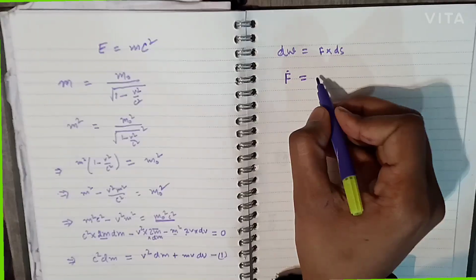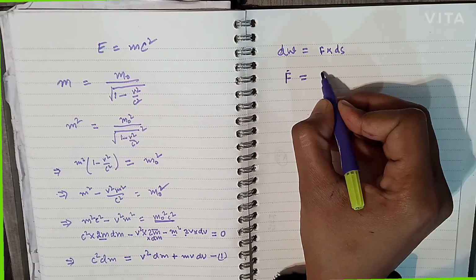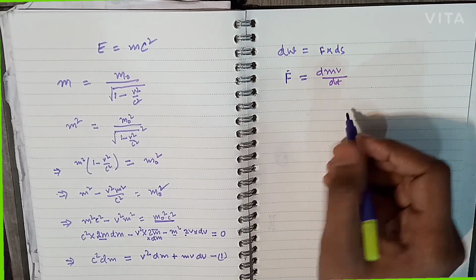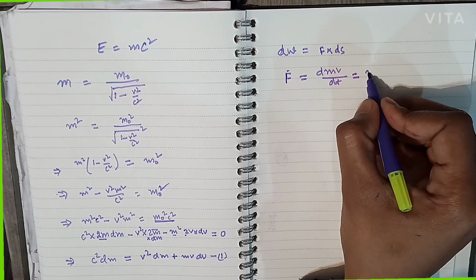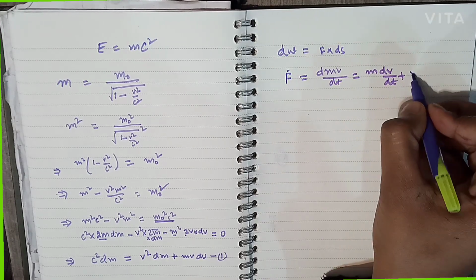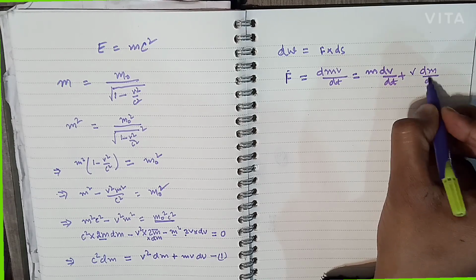So F is equal to d(mv) by dt, which we can expand as m dv by dt plus v dm by dt.